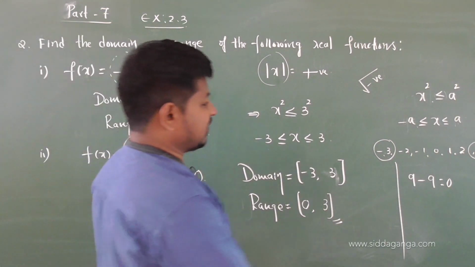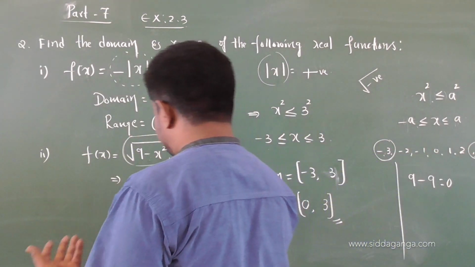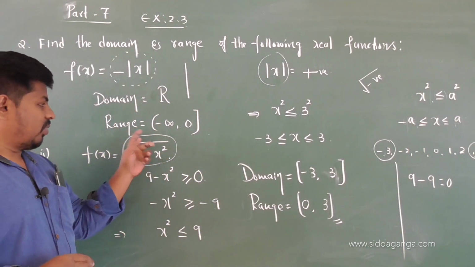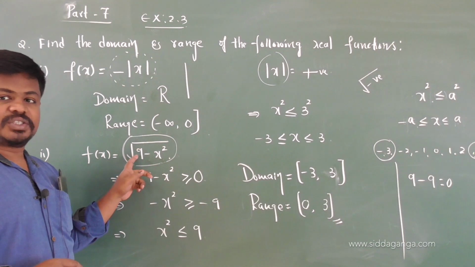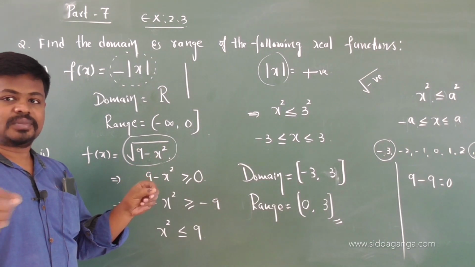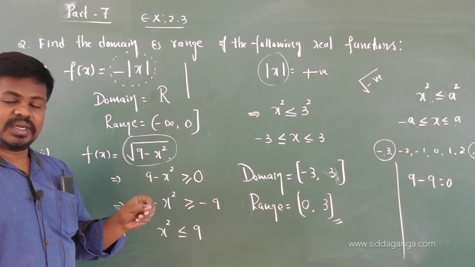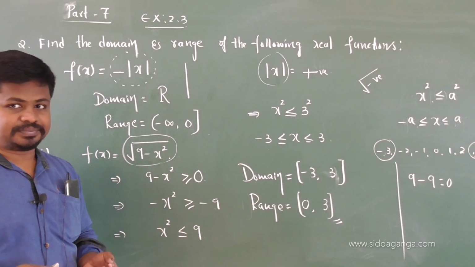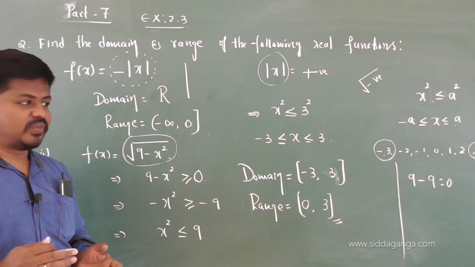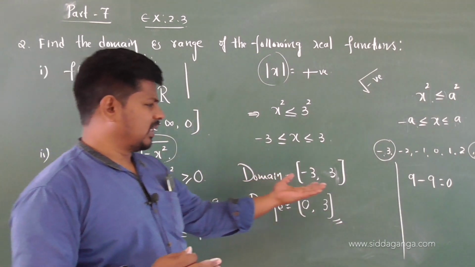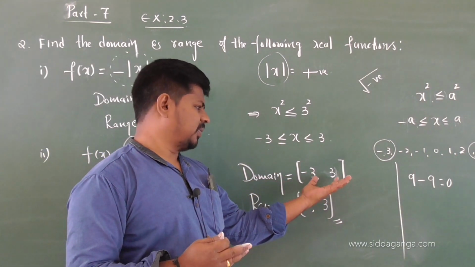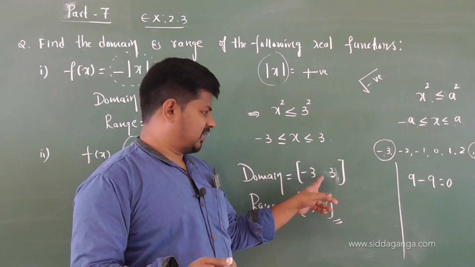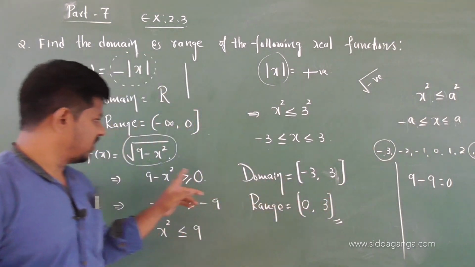Take any value in between minus 3 to plus 3 and substitute in the expression. Whatever you get, the value ranges between 0 to 3. It will never exceed 3 or go below 0. Hope you got it. You can check because we know the domain values. Here the domain values are there, keep substituting them. Take some values from this interval, substitute in place of x.